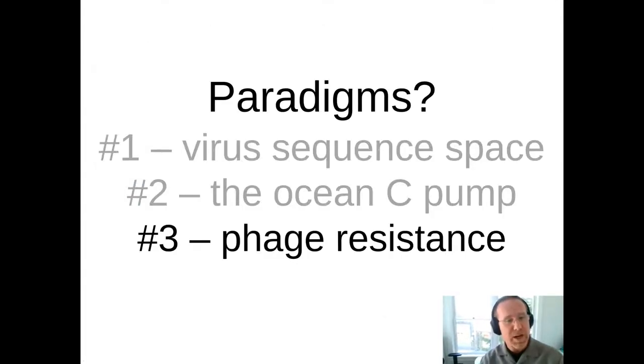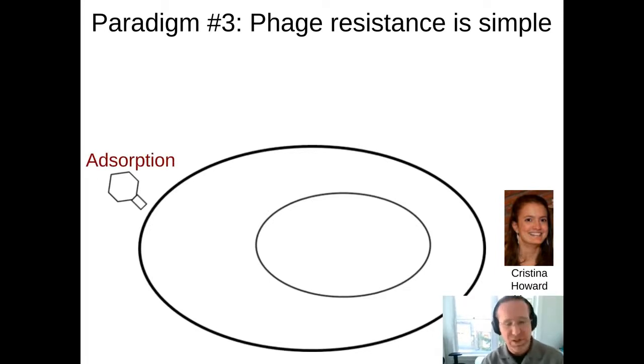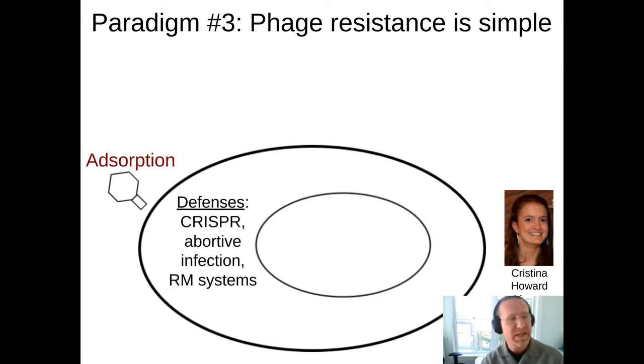The third paradigm I want to reach out about here is phage resistance, and the idea is simple. Here we've got a cell with its genome represented in the inner circle, and a virus which might infect it. Adsorption is the first step where resistance could occur. The secondary step is that maybe the virus can get its DNA inside, but there are defenses like CRISPR, abortive infection proteins, or restriction modification systems.